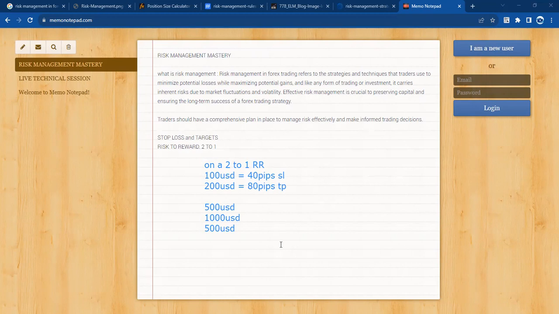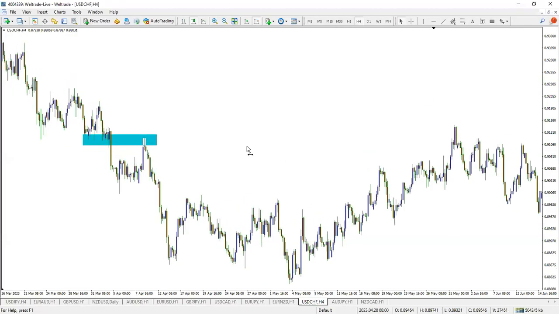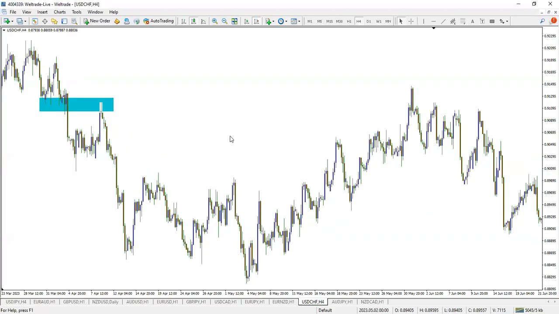So risk to reward, these things are very important. You do not take just any setup in the market. You need to be very selective. You need to carefully select all your trades. So you are looking for trades that go in line with your requirements. You need to see at least a 2-to-1. You may have 3-to-1, 4-to-1, sometimes 5-to-1, which is very good.